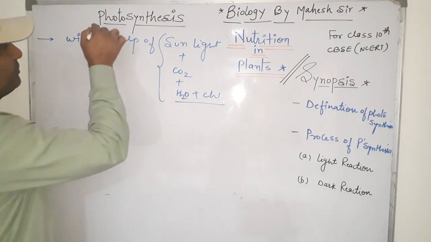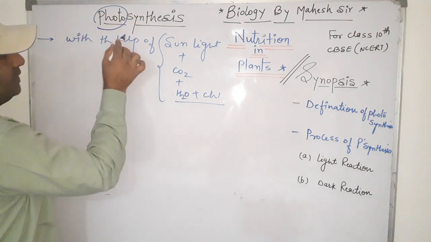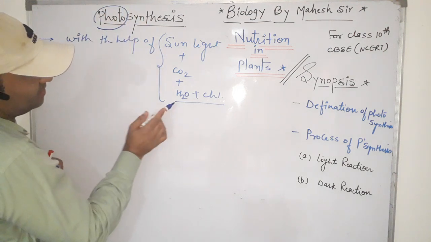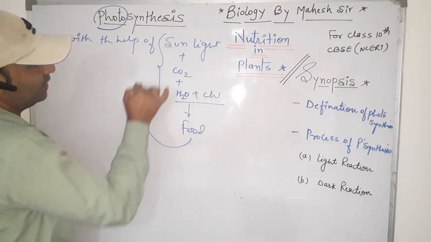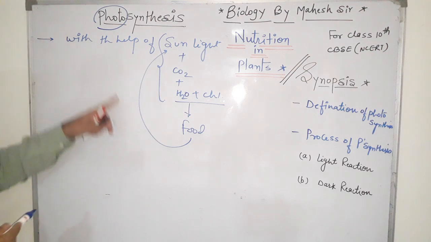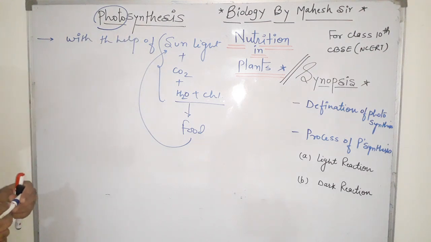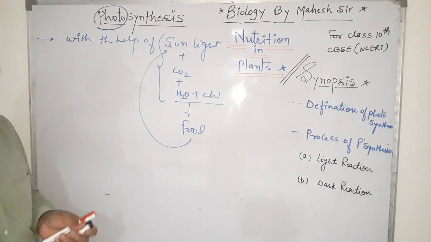Photo means solar radiation, synthesis means the preparation of food. So food prepared with the help of solar radiation is called photosynthesis. So this is the definition of photosynthesis.